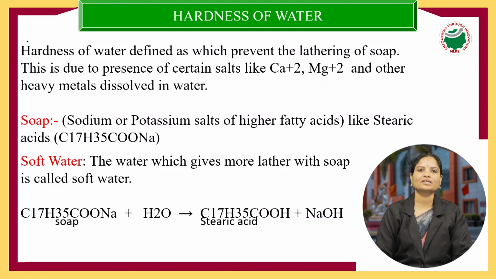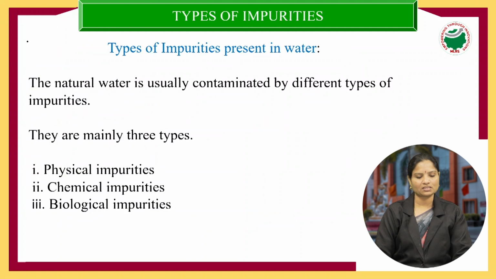Actually, water has the presence of so many impurities. What types of impurities will be present? Physical impurities, chemical impurities, biological impurities. Physical impurities means suspended impurities and also colloidal impurities. Chemical impurities means inorganic and organic impurities. Inorganic impurities are like calcium and magnesium ions.